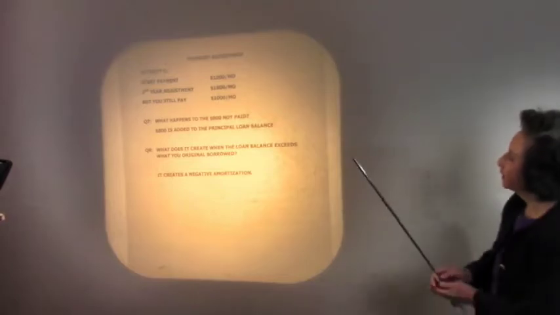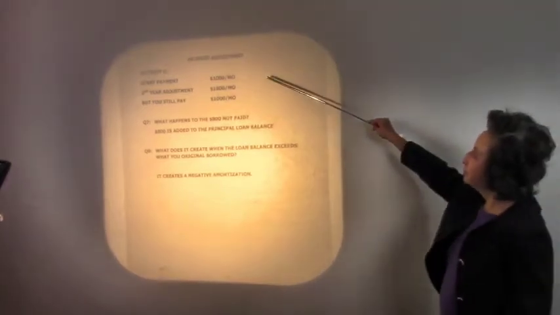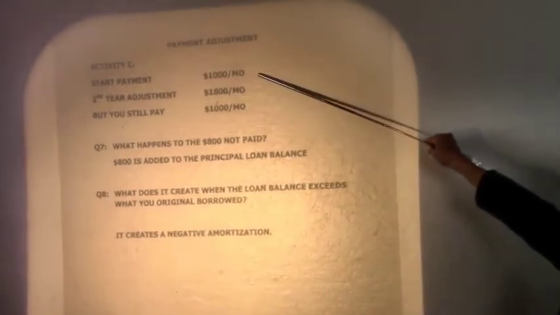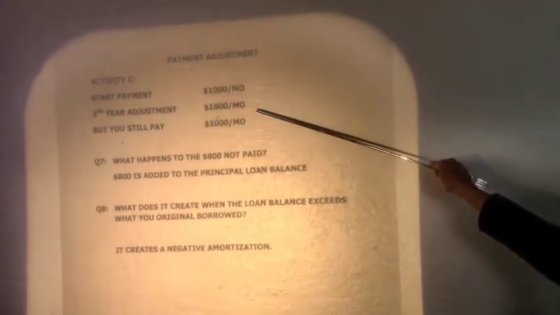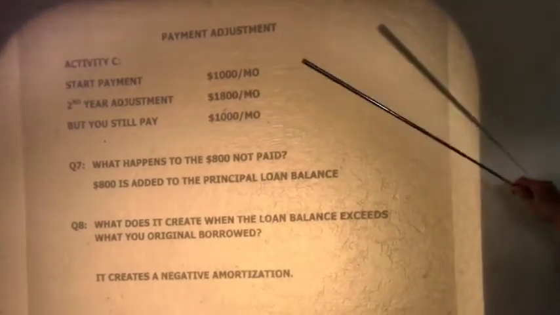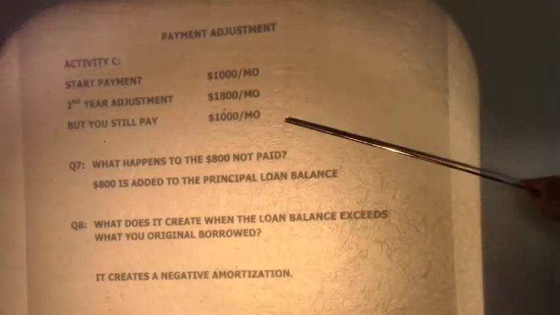So far we talked about rate adjustment, but this one is about payment adjustment. What happens if the buyer decides to pay only the amount that he can pay? So let's look at the slide. Here it is. The borrower has a start payment of $1,000 a month, and the payment adjustment in the 2nd year is $1,800 a month, but the borrower decides to pay only $1,000.